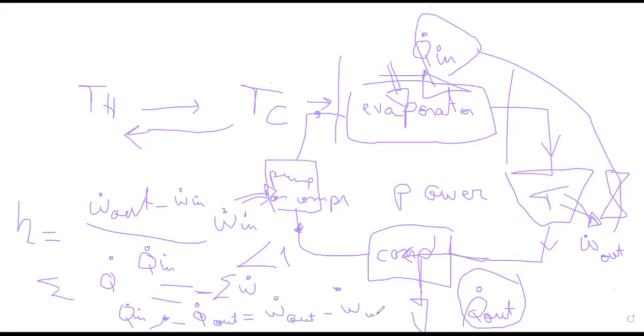As you can see, the net power W dot out minus W dot in is always smaller than Q dot in because we have the heat loss Q dot out.